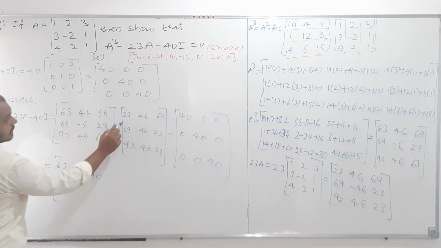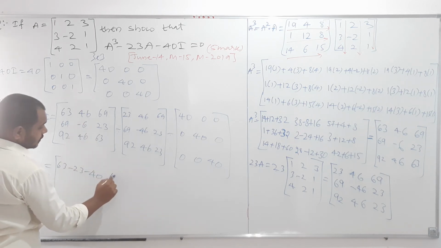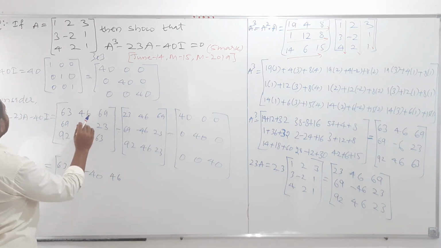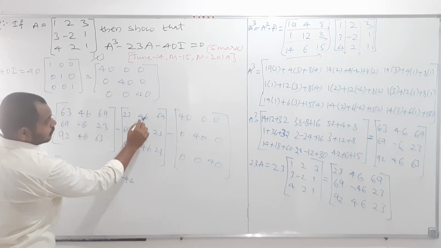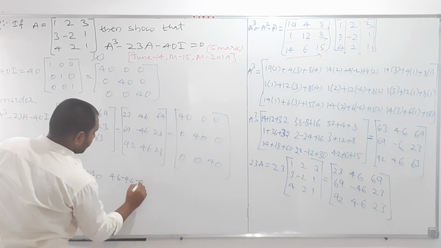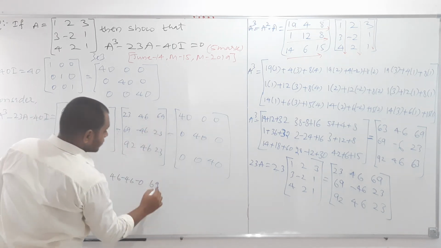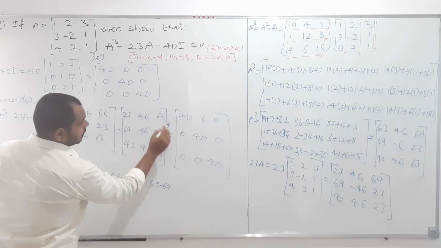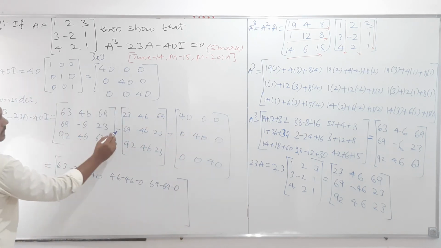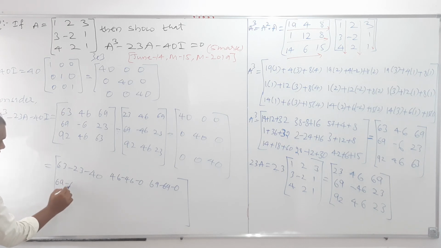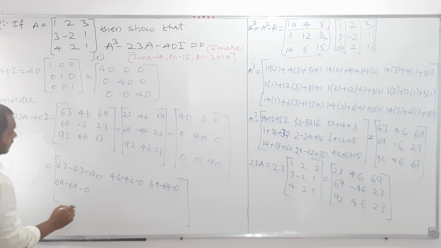That is 63 minus 23 minus 40. Next, my dear students, 46 minus 46 minus 0. Next, 69 minus 69 minus 0. Similarly, 69 minus 69 minus 0.